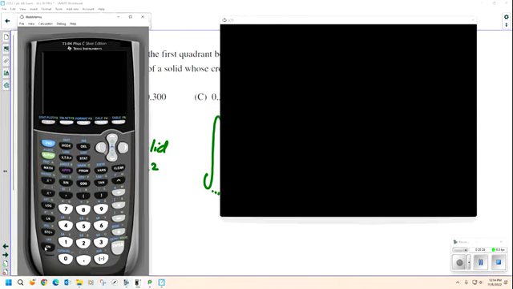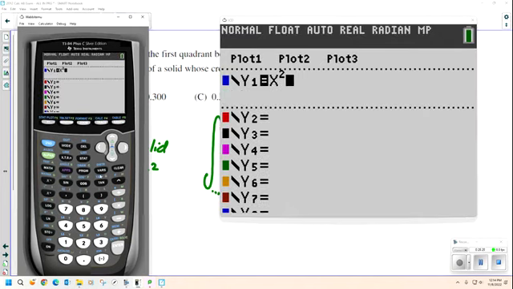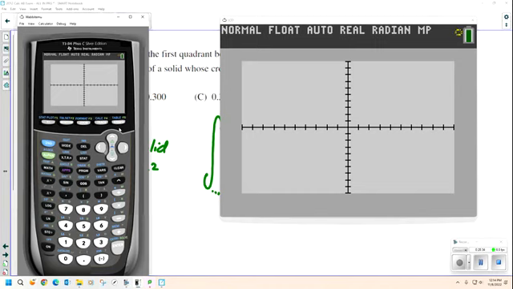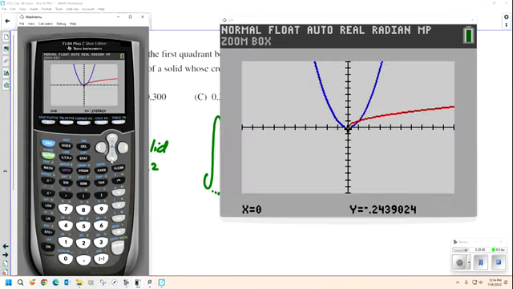So let's turn this on and graph x squared and the square root of x. If I graph these, I notice they intersect at 2 points, and it's very tough to see them at 0 and 1. So I'm going to zoom in using my zoom box. I love zooming in with the box. Okay, go up a little bit, move over a little bit.